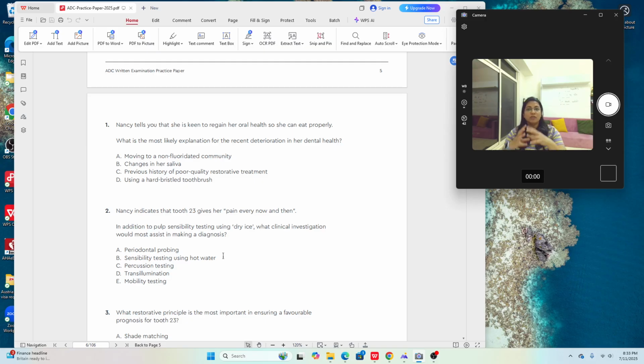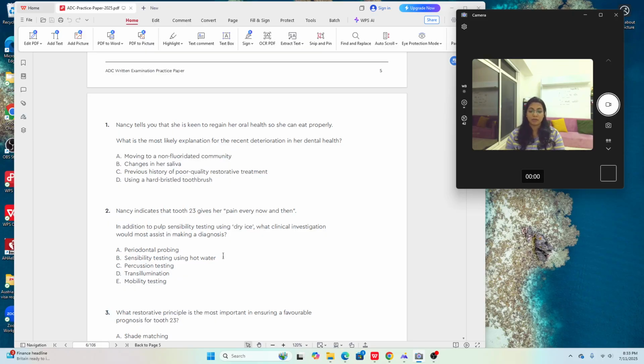To reach a full pulpal and periapical diagnosis of the tooth, you have to do the pulpal testings and the periapical testings. Trans-illumination would still give you a crack or some caries detection, but that won't give me the pulpal status or the periapical status. Mobility testing would definitely give me the periodontal status, but not necessarily the periapical status.